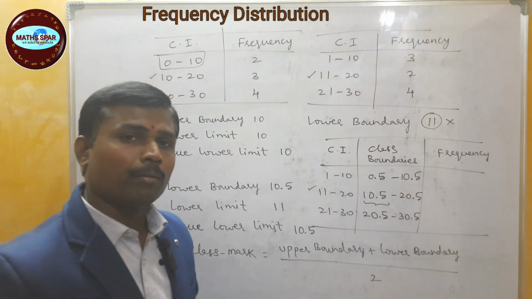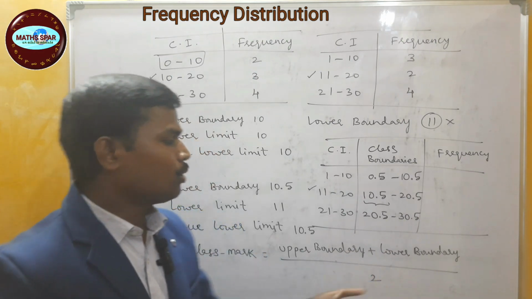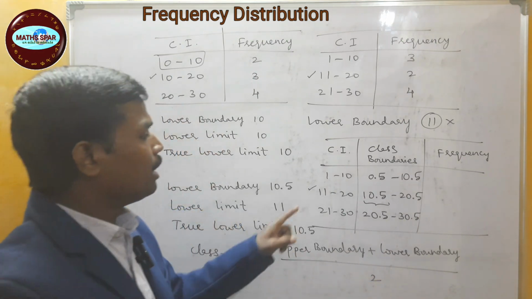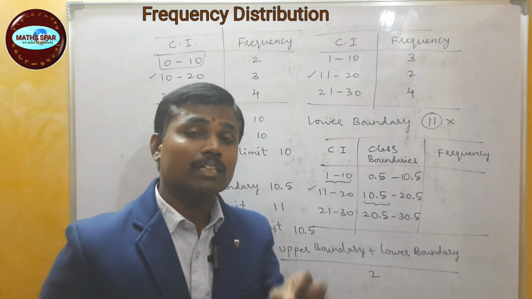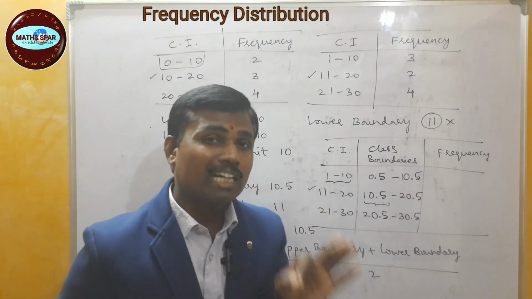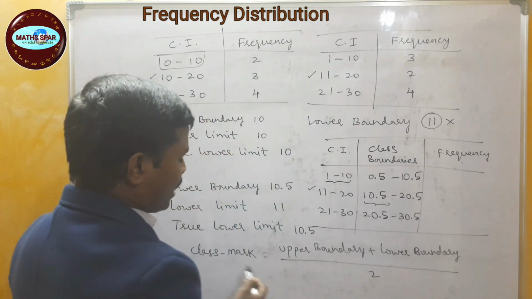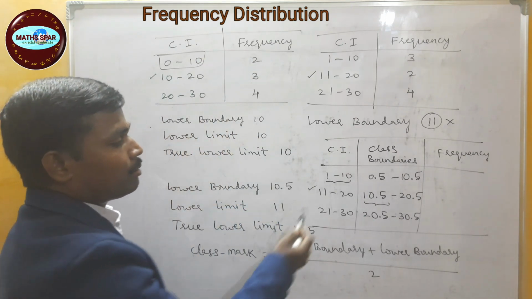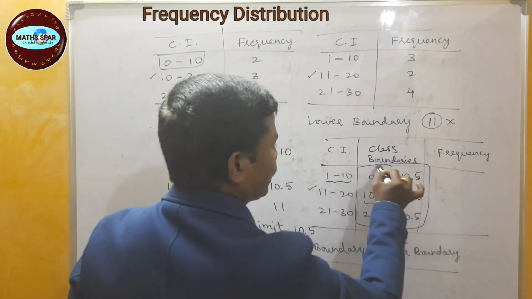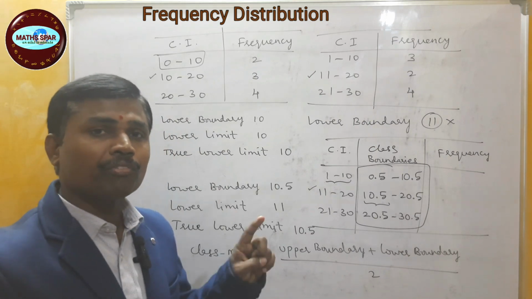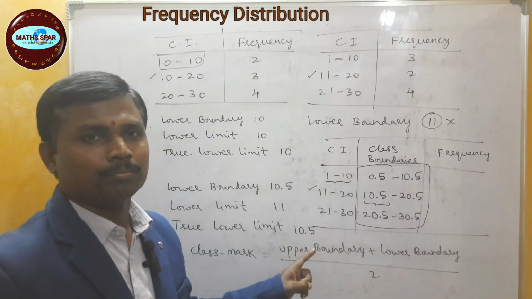Please do remember this word, boundary. You are not supposed to add limits in any case. Class mark is also called the mid value of the class interval, and if the class intervals are given in inclusive form, you have to always find the class mark by writing them in class boundaries.